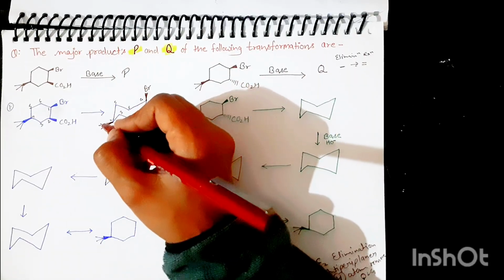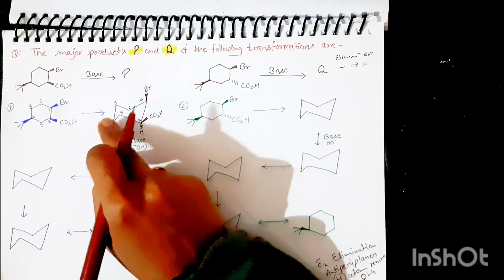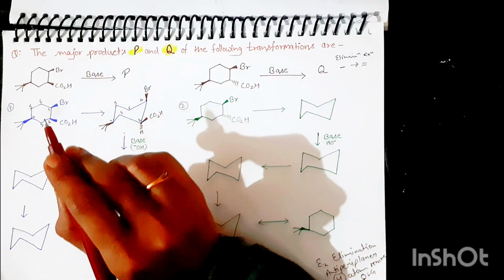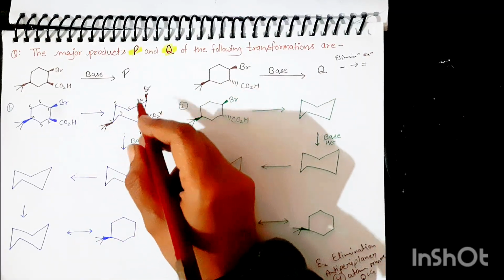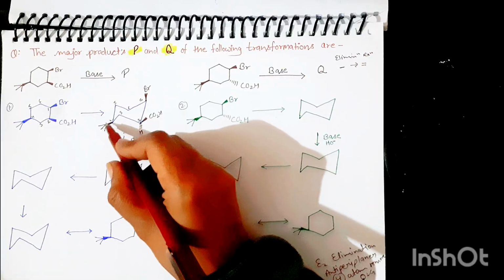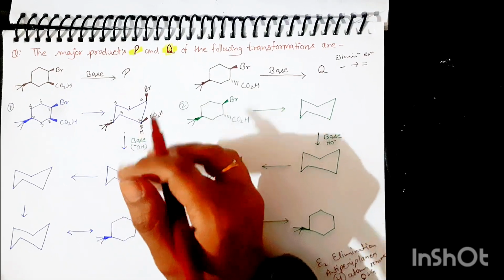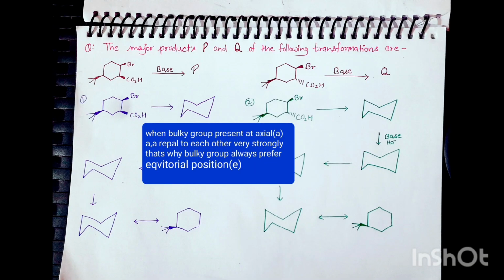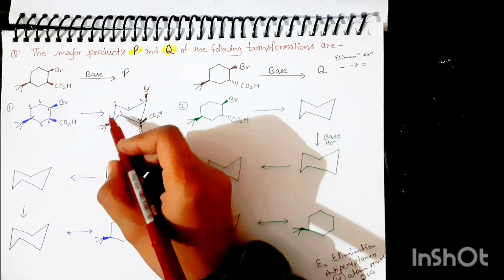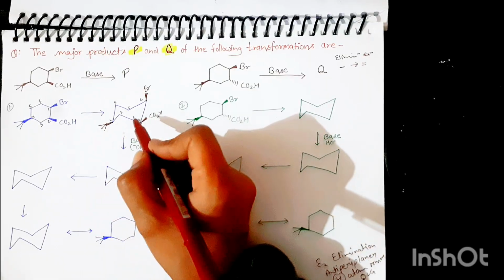And we always remember one thing: whenever you see an isopropyl group, it always exists at the equatorial position, and this chair form doesn't flip because the isopropyl group is very bulky at the equatorial position, so this ring does not flip.